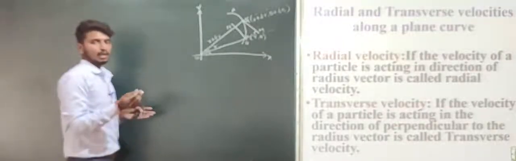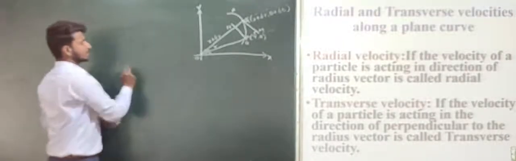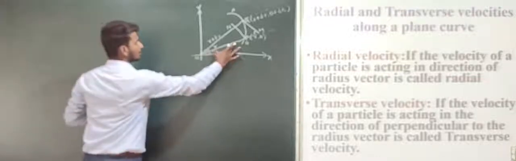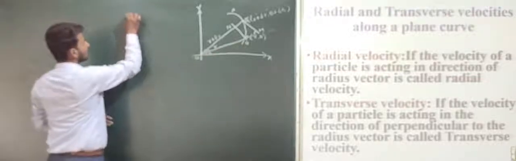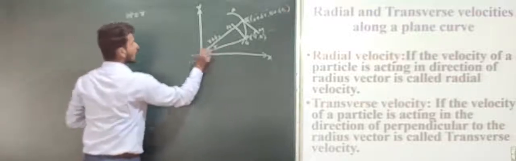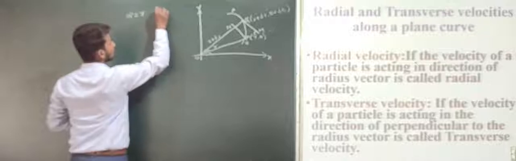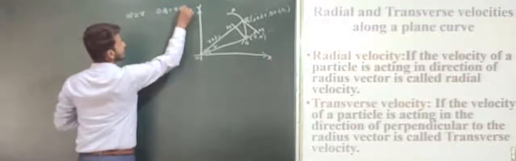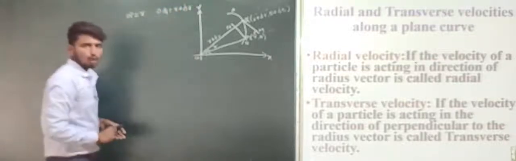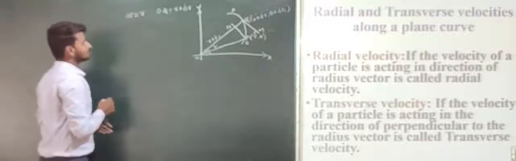Now we note down some points from this diagram. The line OP is equal to r, and OQ is equal to r plus delta r.